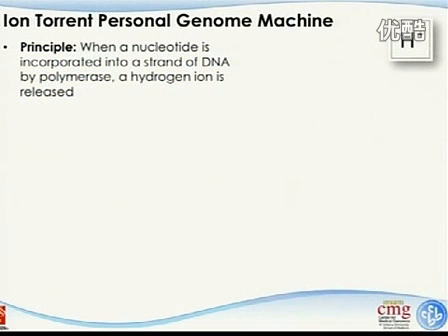And this is the technology that certainly made it, okay? And it will make a big splash in the next couple of years. It's called the Ion Torrent Personal Genome Machine, okay? This is a company that was founded by the same founder of 454 technology, which is the first real high throughput sequencer.